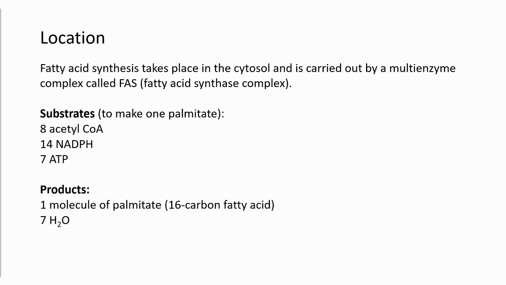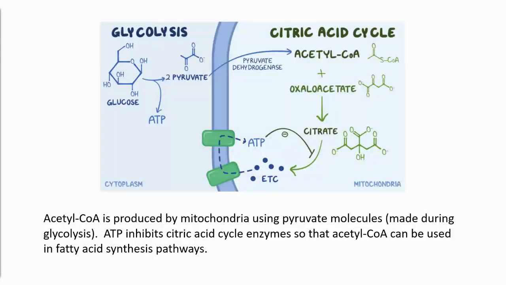Okay. So before we start with the fatty acid synthesis, take note that as mentioned earlier, you need to have acetyl coenzyme A. So your acetyl coenzyme A is usually coming from glycolysis when you change glucose into pyruvate, and then it enters the mitochondria.